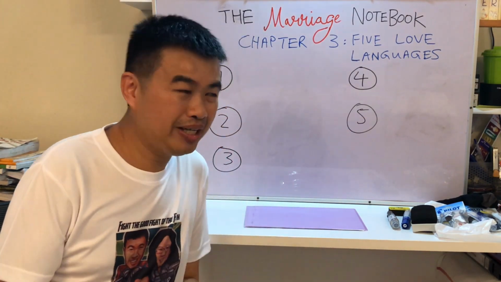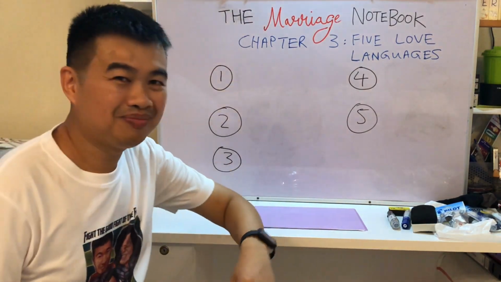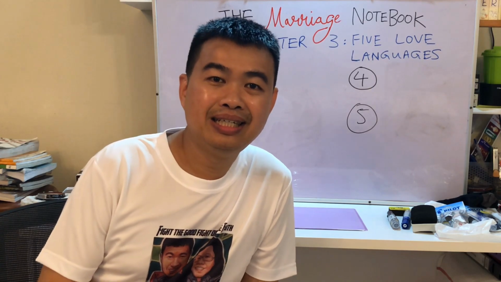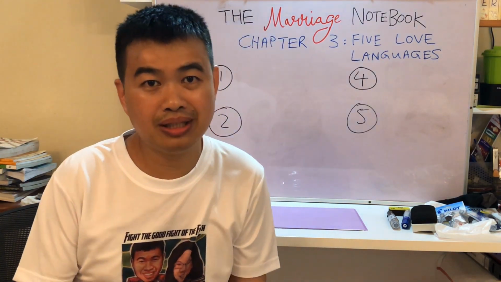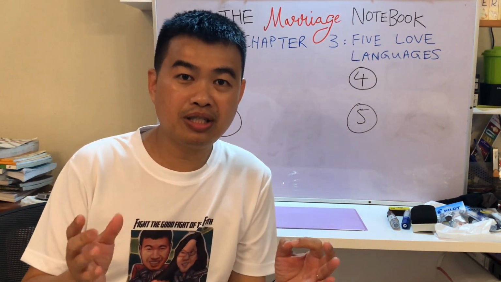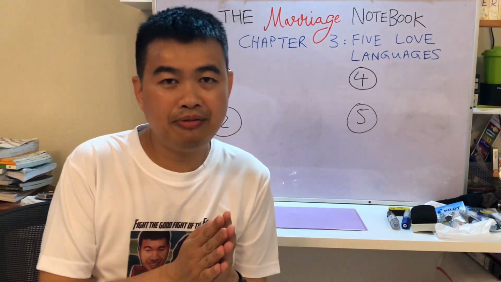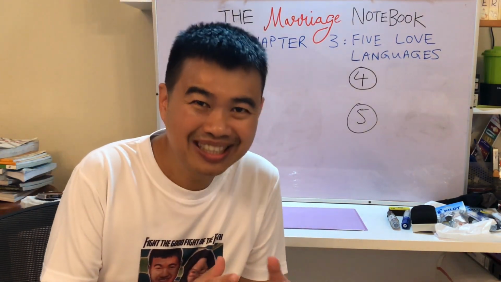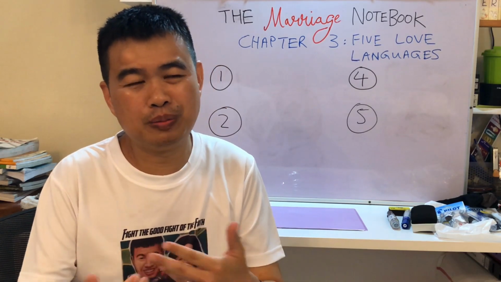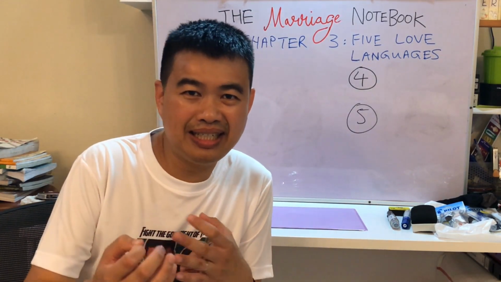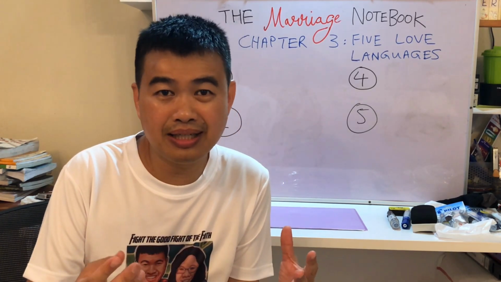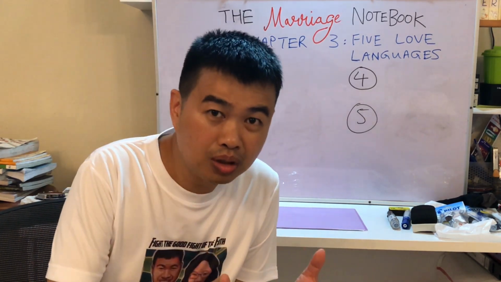Welcome to chapter 3 of the Marriage Notebook. In the previous chapter, I spoke about the importance of understanding the emotional bank account, in short, EBA. That is because if your EBA with your spouse is in a negative zone, you will find it's very difficult to live with her, because he or she will be very easily upset or irritated by the things that you say or you do.